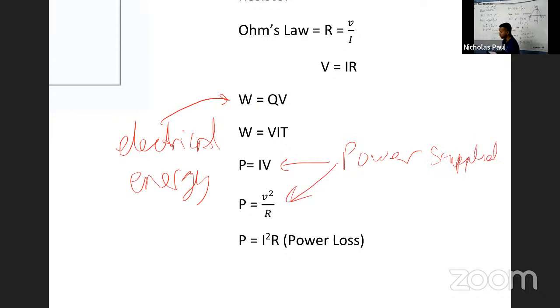Both formulas there could find power supplied, right? W is electrical energy. Yeah, both by current, right?